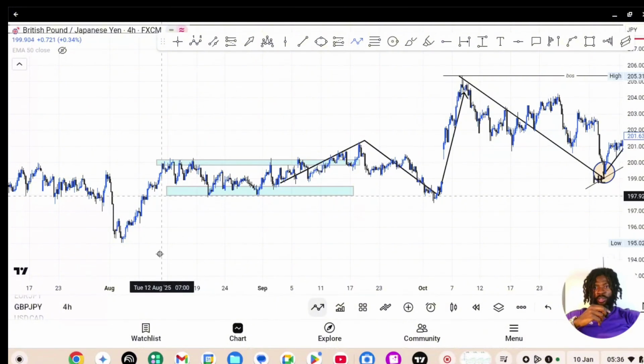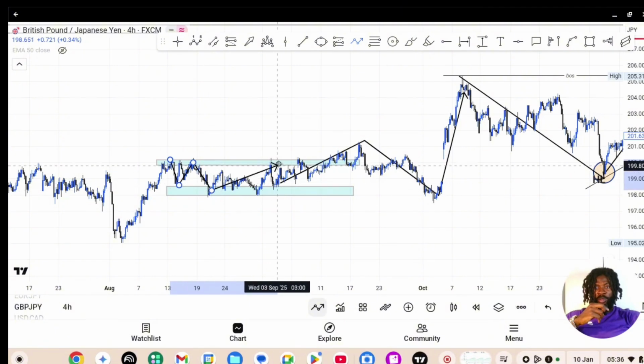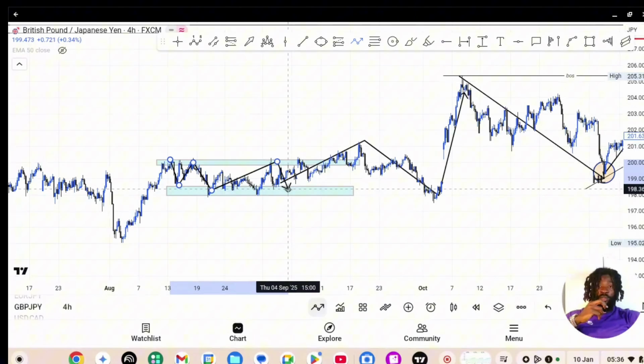Now as you can see, the market is bouncing on resistance, pulling back to support, from support to resistance, pulling back to support, from support to resistance, pulling back to support. And this is just a ranging market.